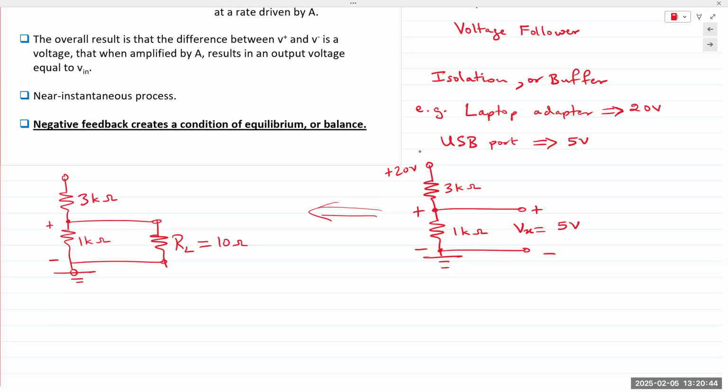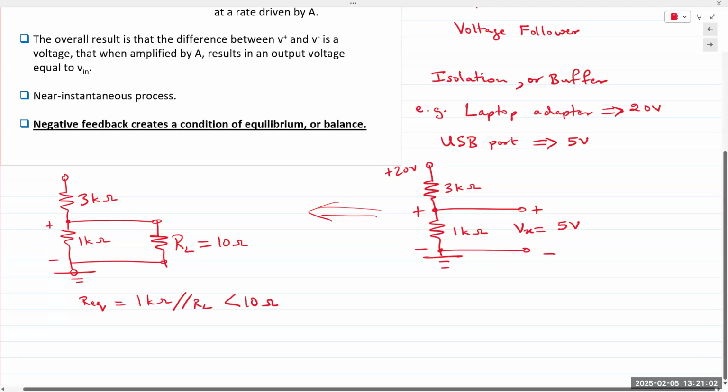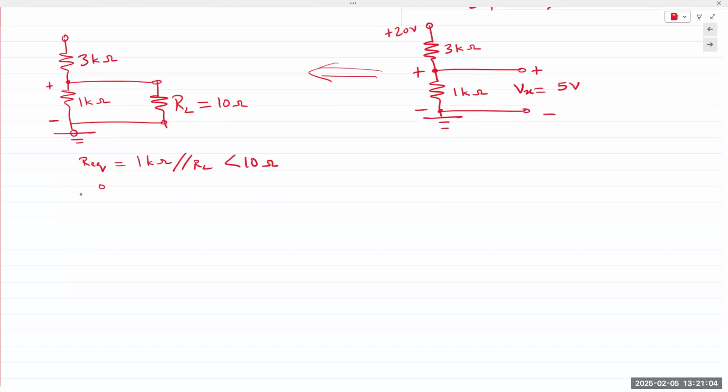And REQ, 1 kilo ohm in parallel with RL, would be less than 10 ohms. If that is less than 10 ohms, then my voltage divider circuit, let's call this 10 ohms, looks like this.